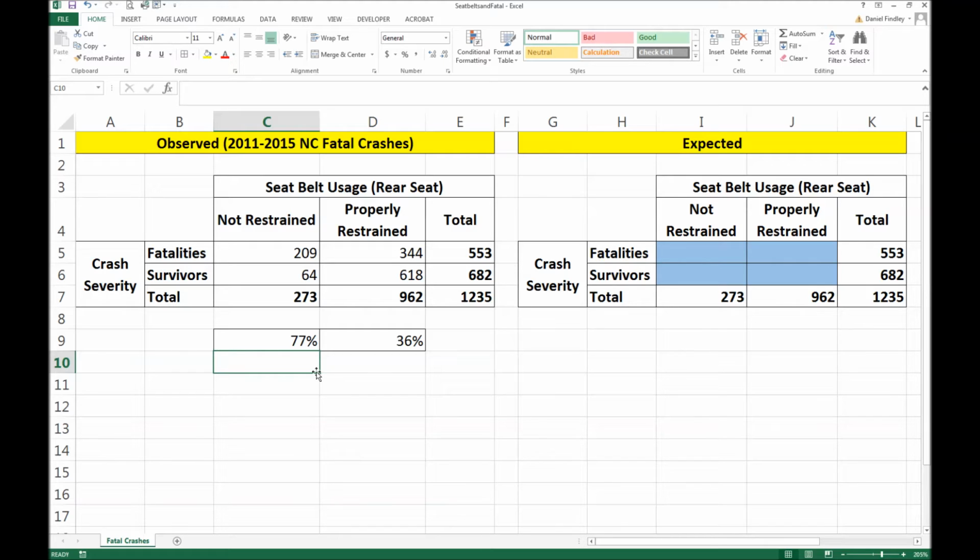It looks like there is a big difference looking at the distribution of fatalities and survivors when we're comparing those who were not properly restrained and those who were properly restrained in a fatal crash. Now that we've taken a brief look at this data, we'll continue along with our analysis.